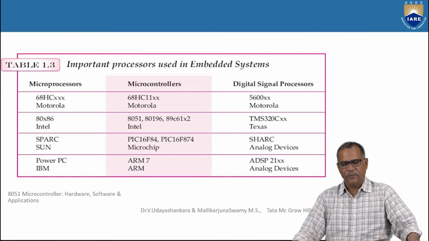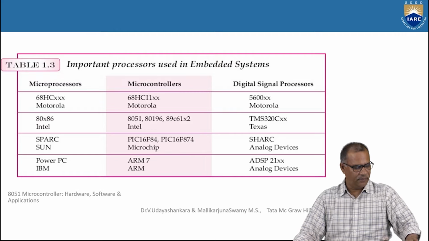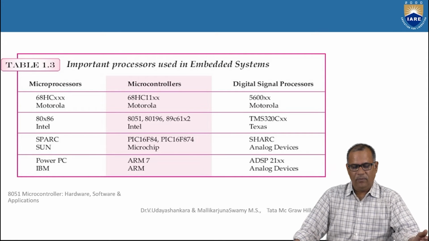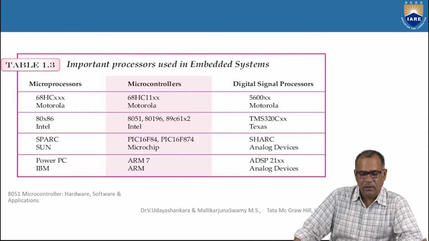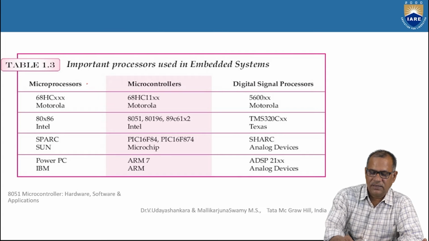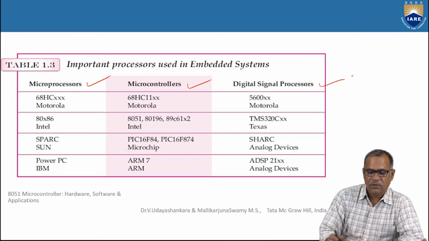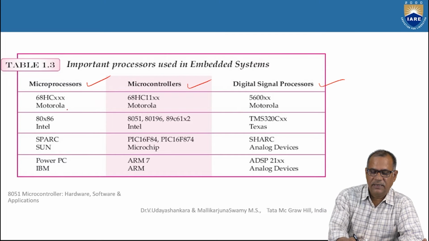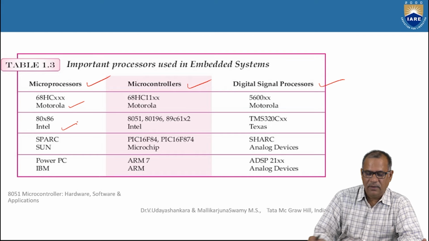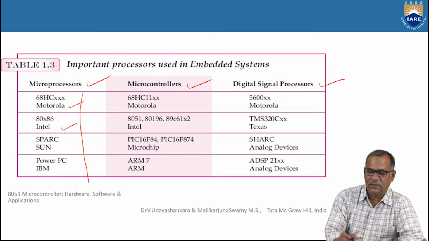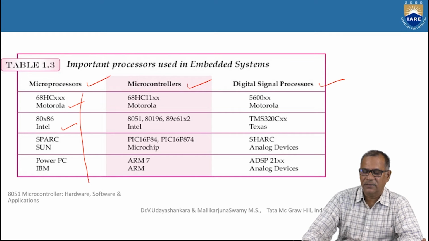So the important processors that are used in embedded systems are the microprocessors, the microcontrollers, and the digital signal processors. 68HC11, that is Motorola, and 8086 are the microprocessors that are used in most of the embedded systems.